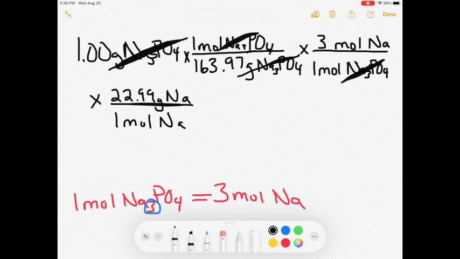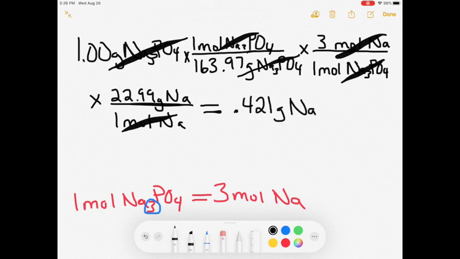I just looked up that number on the periodic table. And that gives me 0.421 grams of sodium. So out of that 1 gram of sodium phosphate, 0.421 grams of it is sodium.